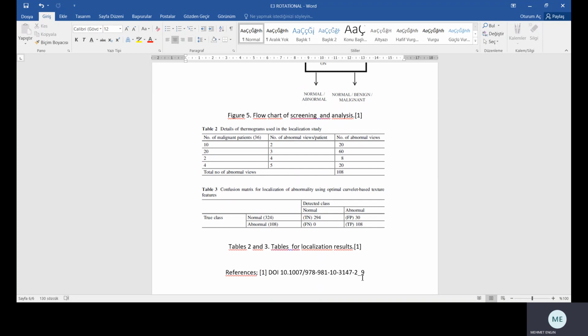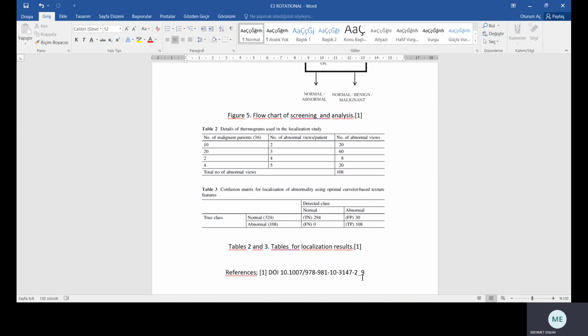Results of the localization study are analyzed by evaluating the performance of the system from classification confusion matrices. It was observed that all abnormal views were detected by the system when curvelet-based texture features were employed.